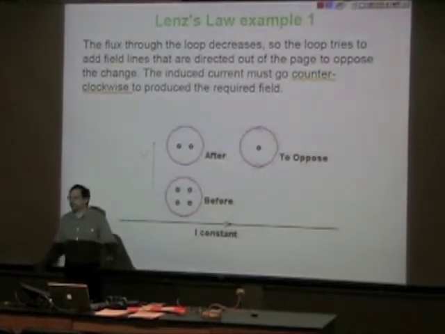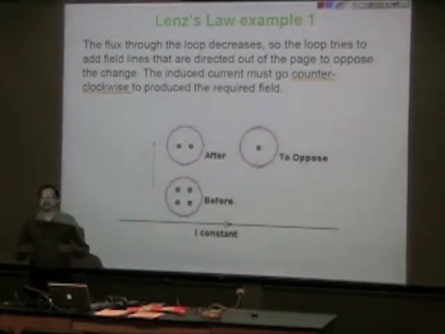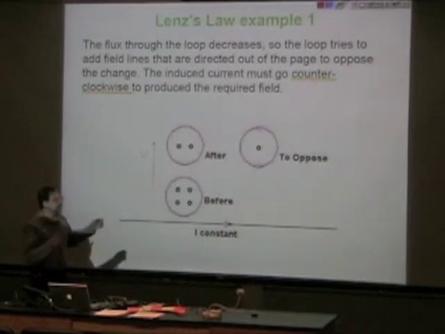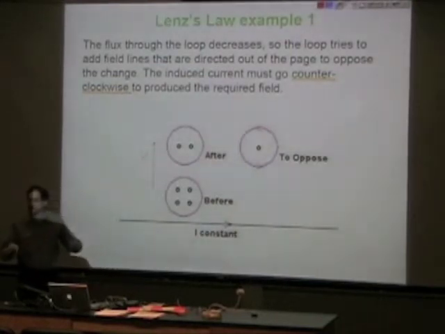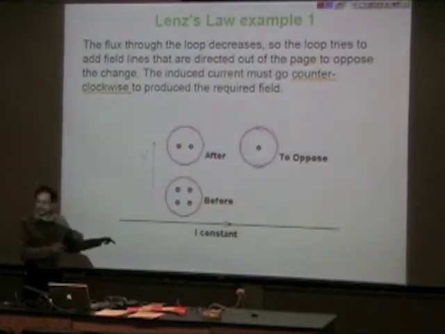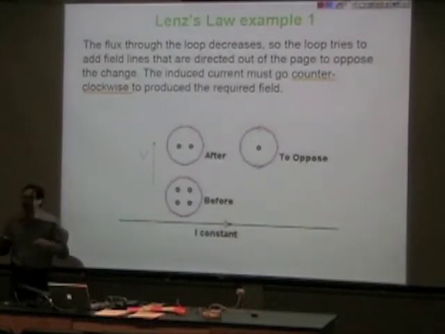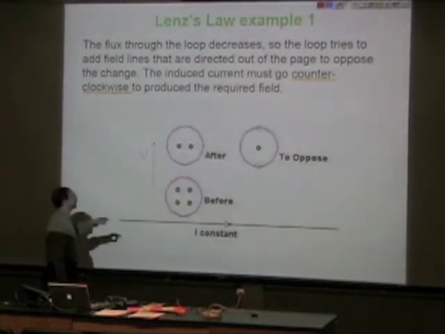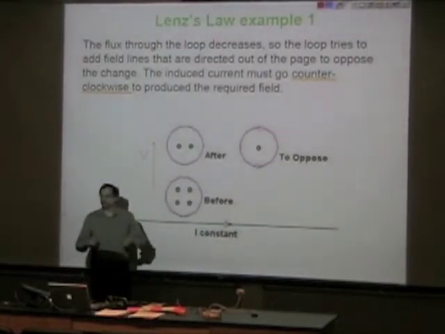What change is happening now? Decreasing in flux. And to oppose that change, now the induced field supports the external field. So we always have to balance the things, change and field. To oppose, we ask ourselves, what to oppose? The change.